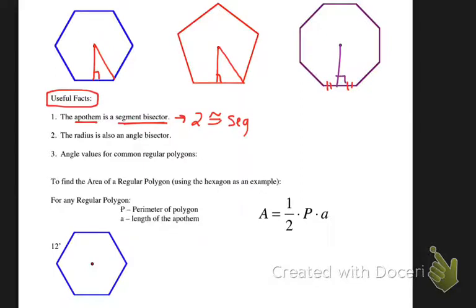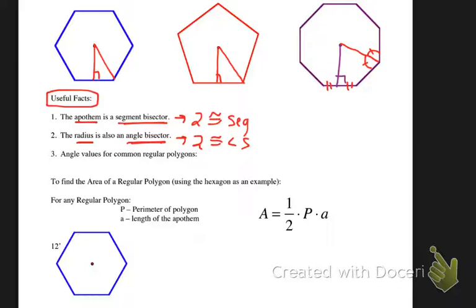Now, the next very useful rule is that the radius is also an angle bisector, which is going to give you 2 congruent angles. So every time you draw a radius, it's going to chop that angle in half. That's going to be very helpful because we're going to be using that rule to help us figure out an angle inside of our right triangle.